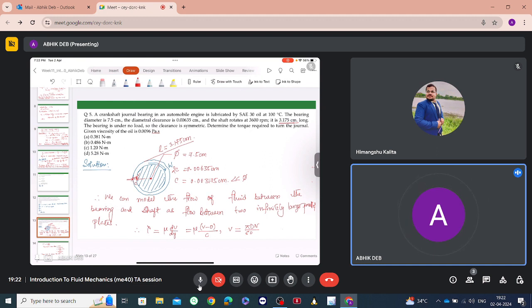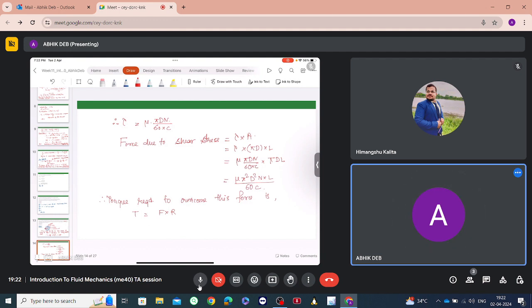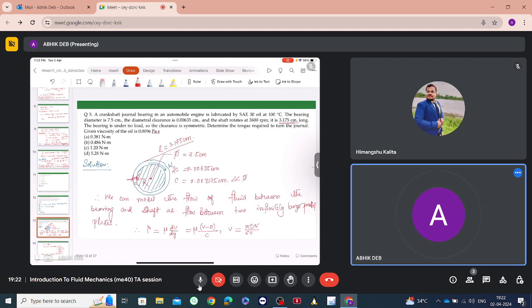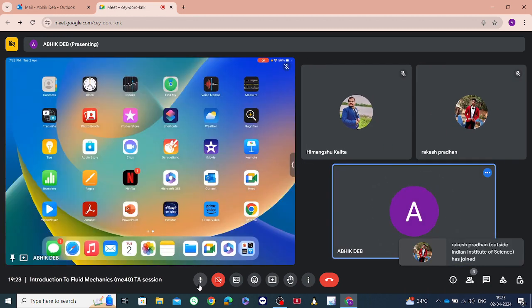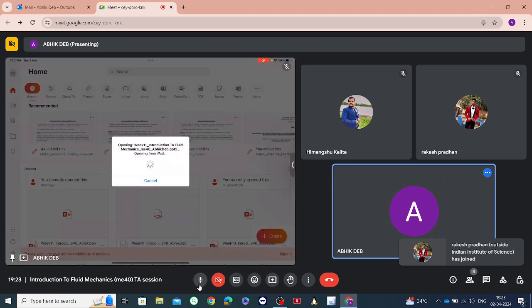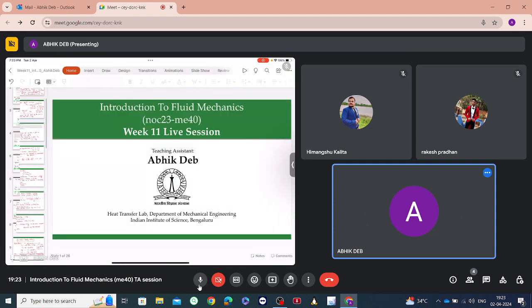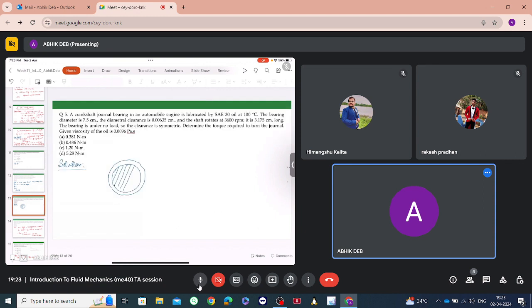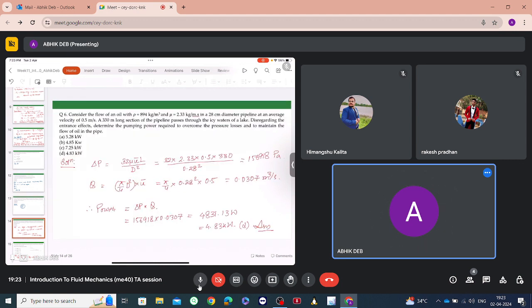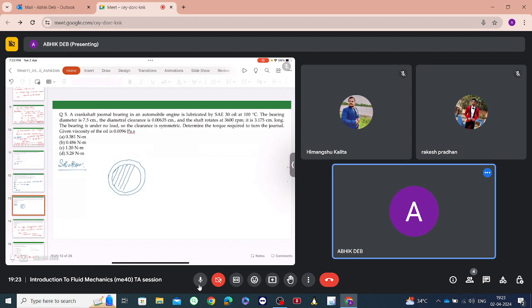So the distance with respect to the force is R, or D, you can let me write it as D. Okay, so somehow whatever I have written is gone.